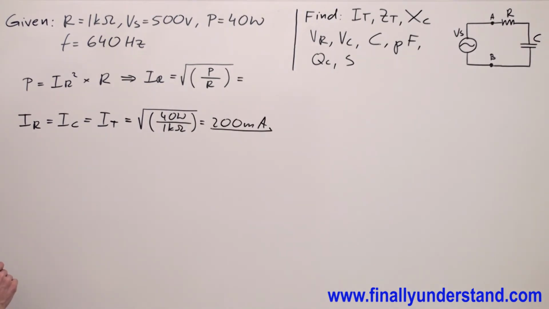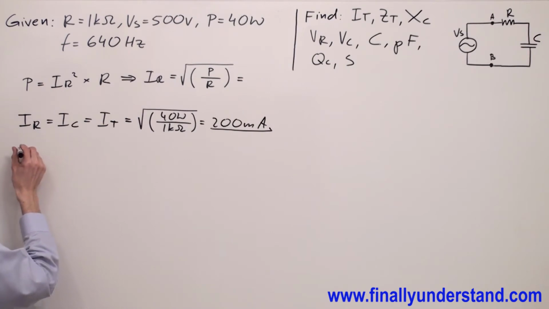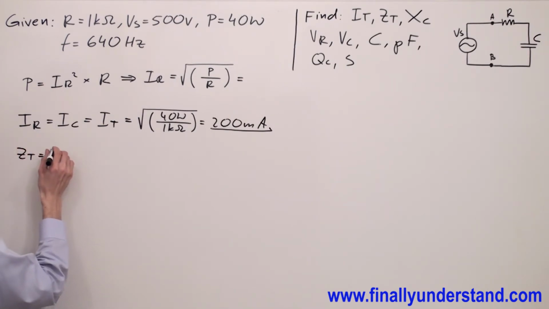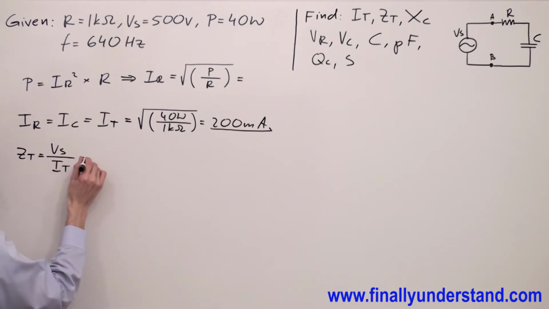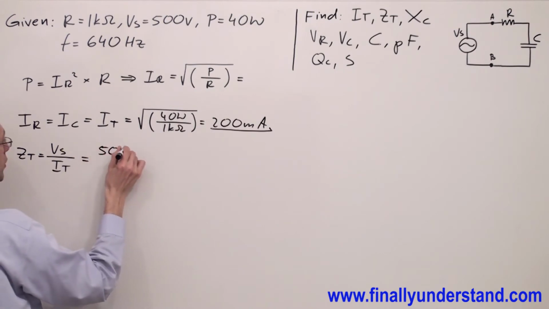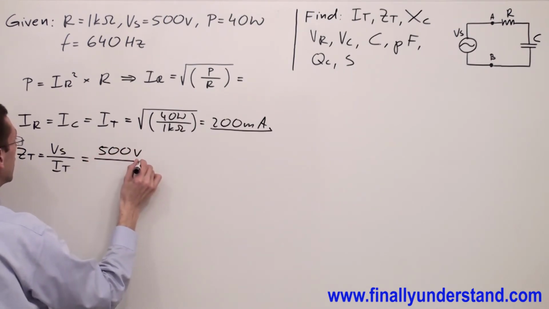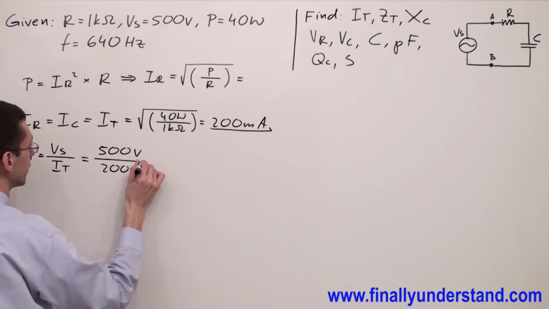Next, what I'm going to do, I'm going to find Z total. Why? Because I have voltage source and I have current. Z total is equal to voltage source over I total, where voltage source is equal to 500 volts and I total is equal to 200 milliamps.